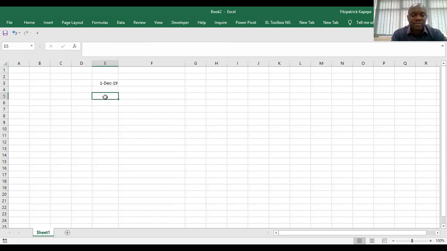What was the rate? 3.2. What was the cost in Zimbabwean dollars? 500,000 Zim dollars.